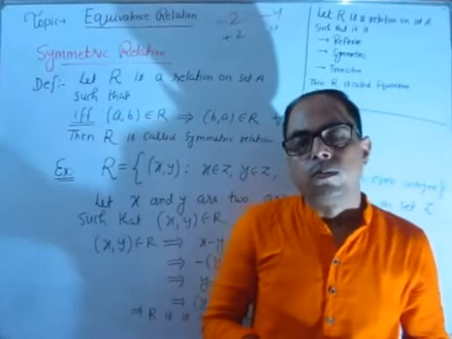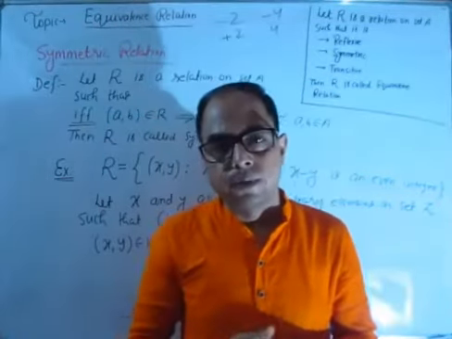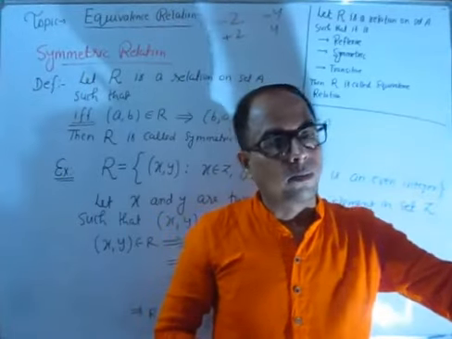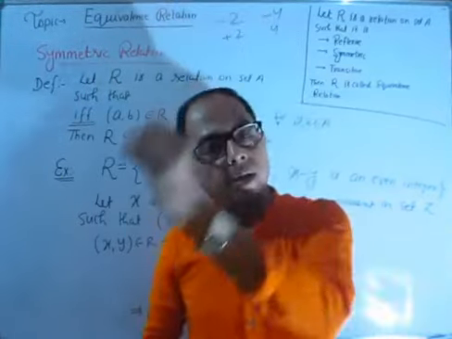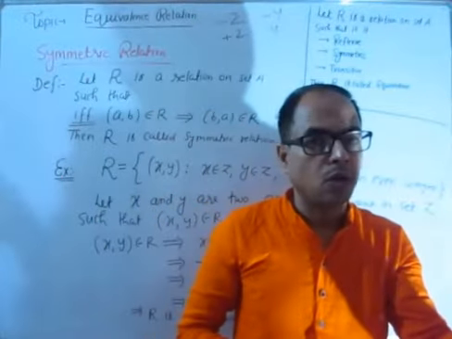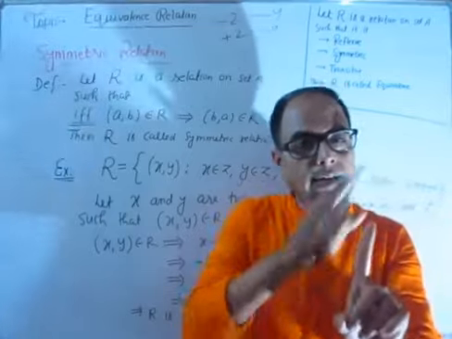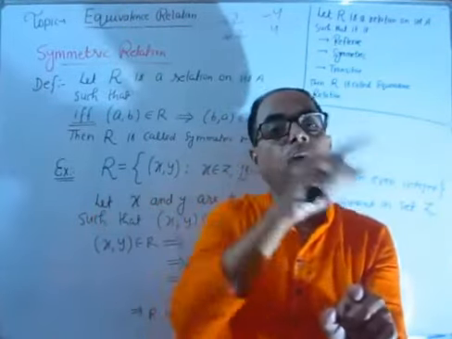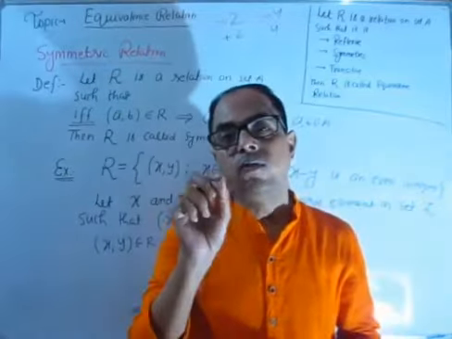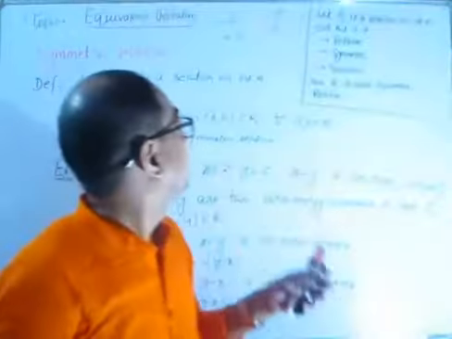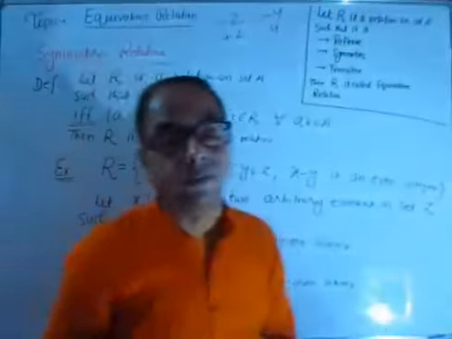Clear? Because friendship cannot be one-sided. So if I am saying that Mr. A is a friend of Mr. B, then definitely Mr. B also will be a friend of Mr. A. So if friend relates A to B, then the same relation friend will relate B to A. So 'is friend of' is an example of a symmetric relation.